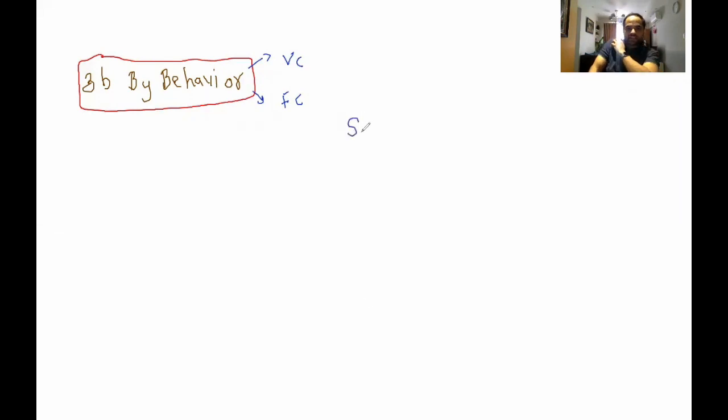So the first thing is the same, which is sales or revenue. Once we have sales and revenue, then we subtract total variable cost.